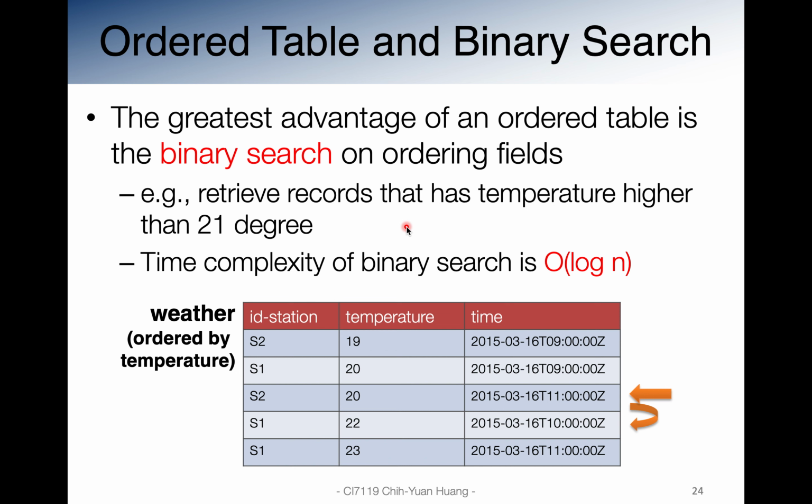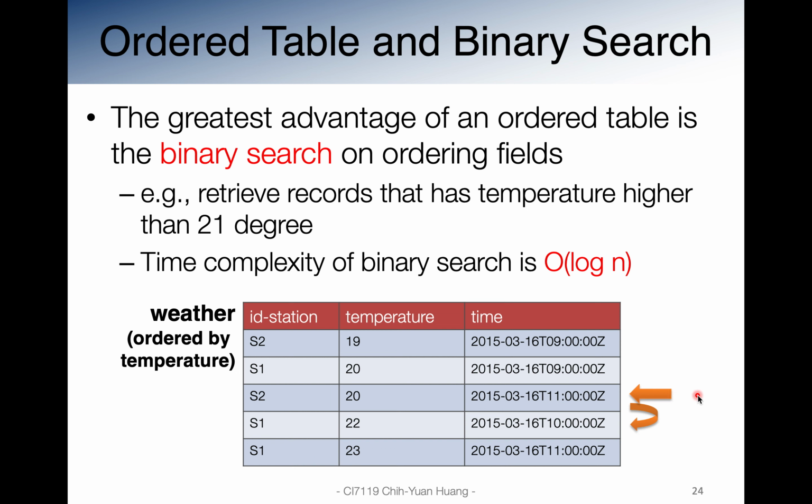As you can see, this type of search algorithm is very different from the linear search, which goes through the records one by one. This type of search is what we call the binary search. Every time we just eliminate half of the remaining uncertain data.